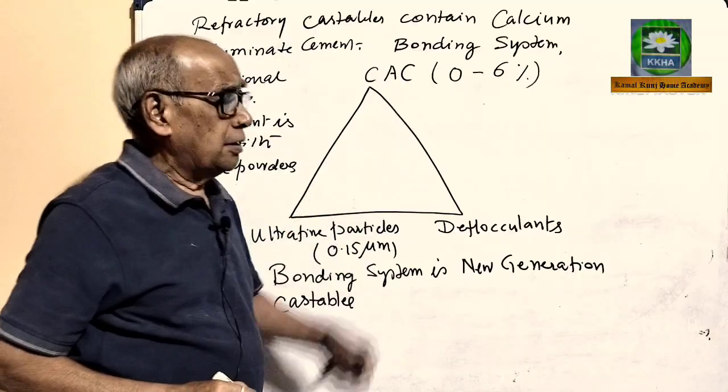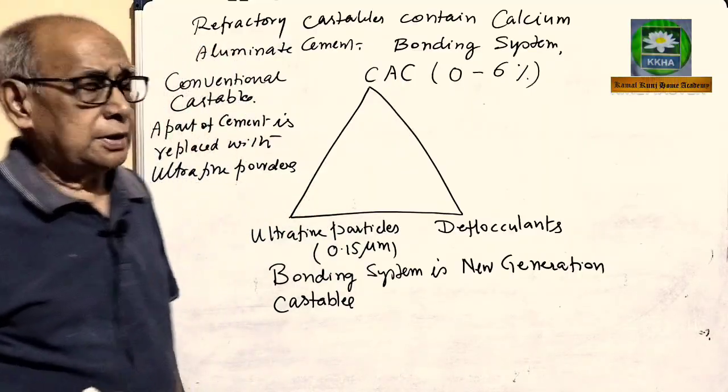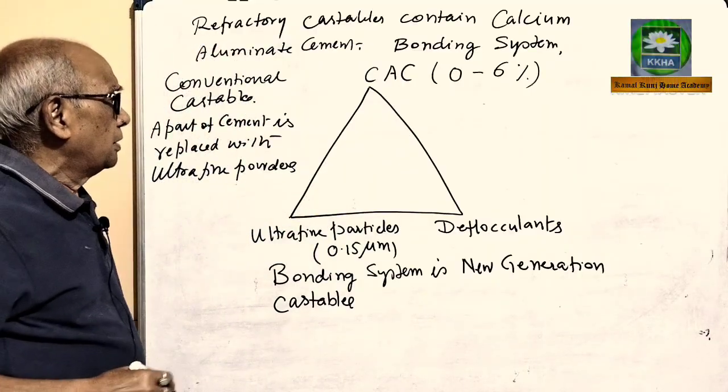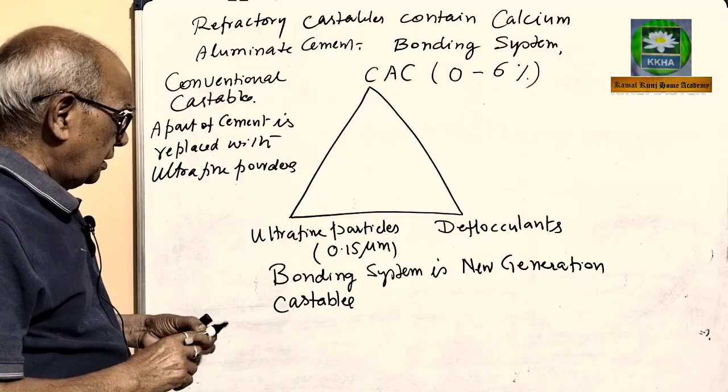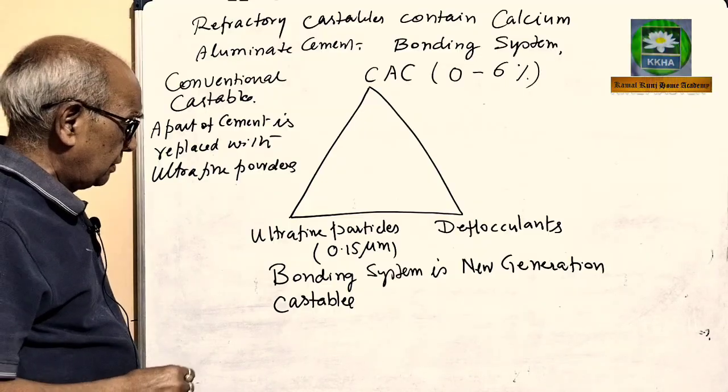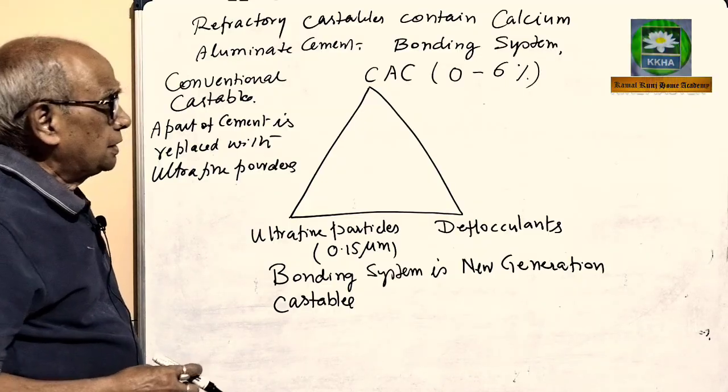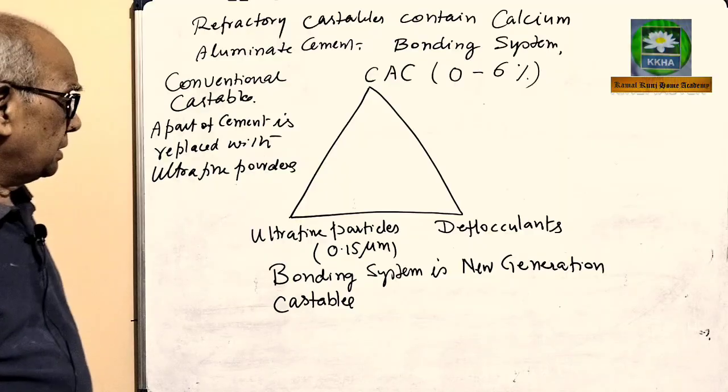In between there are low cement castables and ultra low cement castables, and medium cement castables also exist, containing 8 to 10% cement.